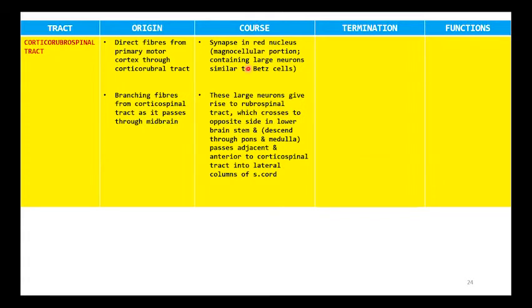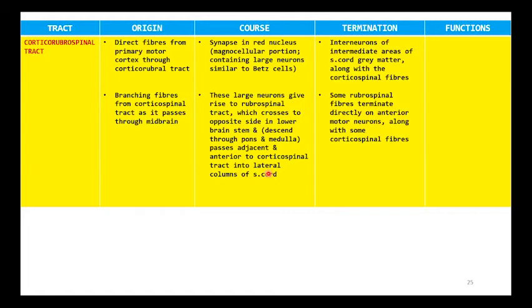So these neurons will give rise to the rubrospinal tract, and then they will decussate at the level of the lower brainstem, and they will pass alongside the corticospinal tract into the lateral column of the spinal cord. So this is the course for the cortico-rubrospinal pathway, and the site of termination is the same as we have mentioned in case of the corticospinal tract.